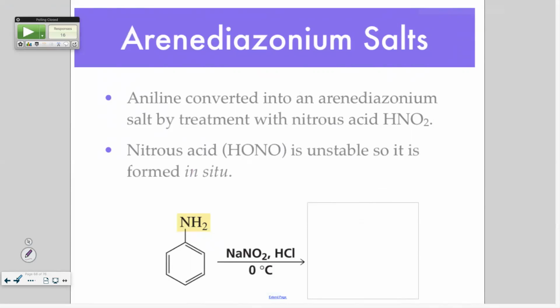Nitrous acid has a real different structure. HONO.